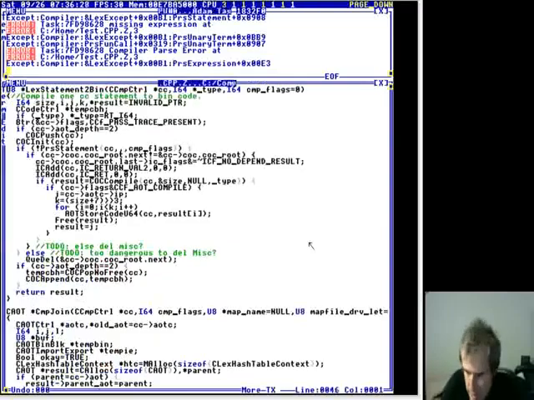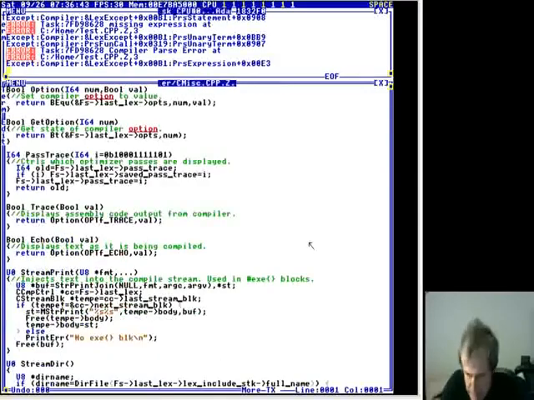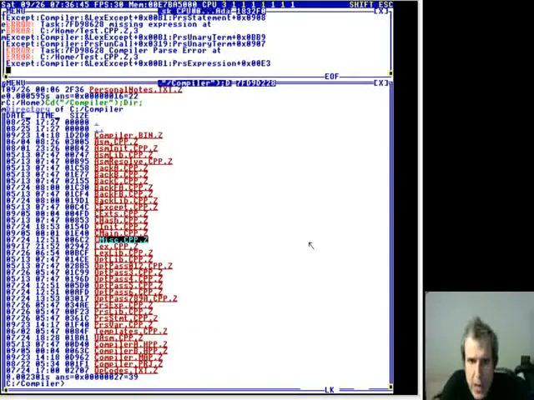Let's see. No, it's not it. Optimizer. Where did I put that?